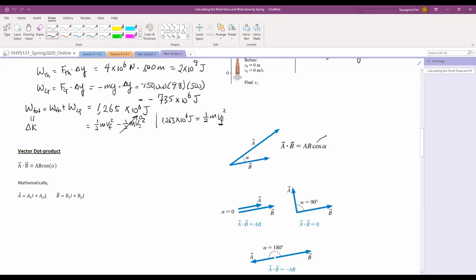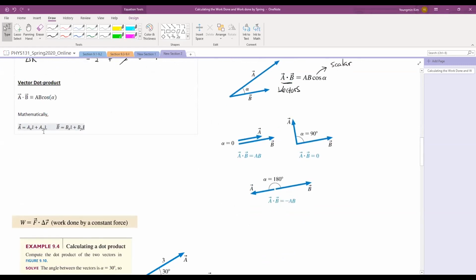This is contrary to the cross product, which we will learn later on, where the input and the output both have vectors.